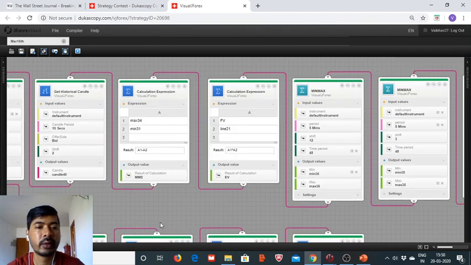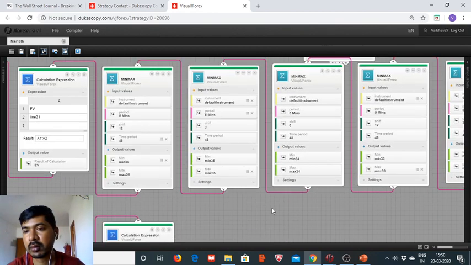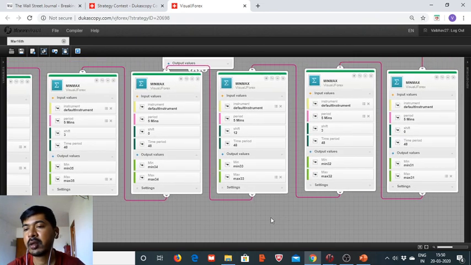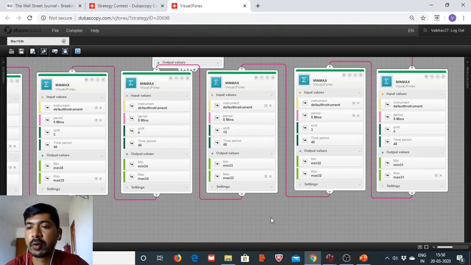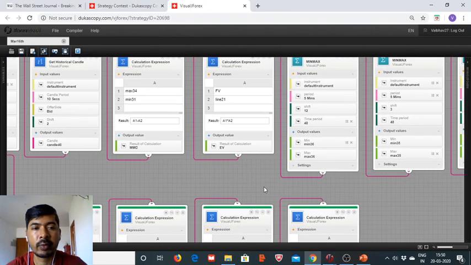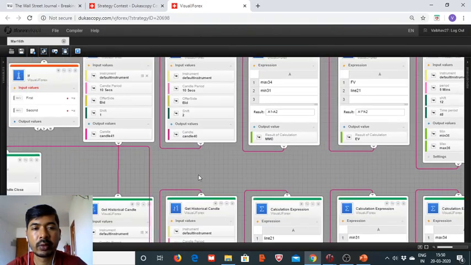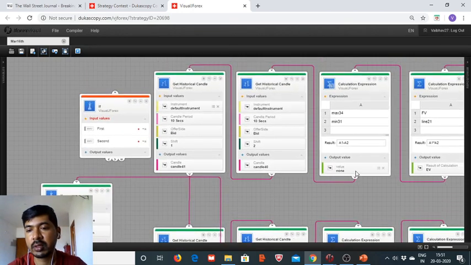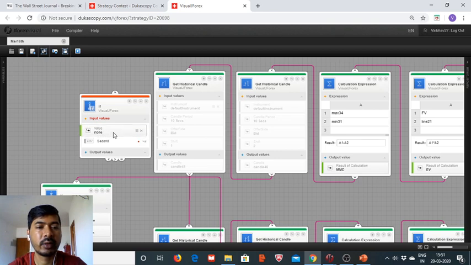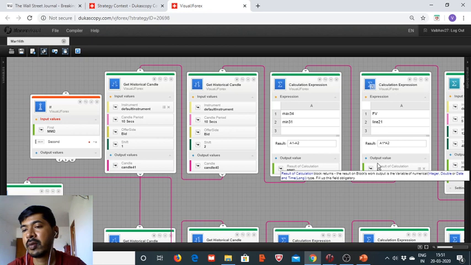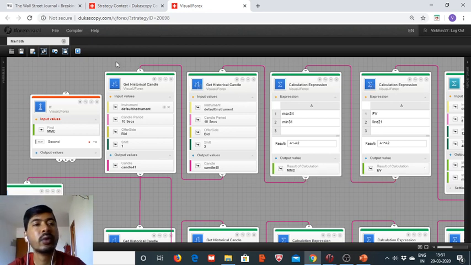And then minima 31. Minima 31 is the current minimum value of last 4 hours, and we have taken this to compare the difference between maxima and minima to the defined ATR range. So this is MMD, min max difference, and we have defined this EV, execution value.